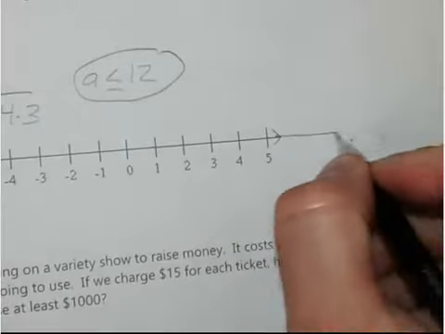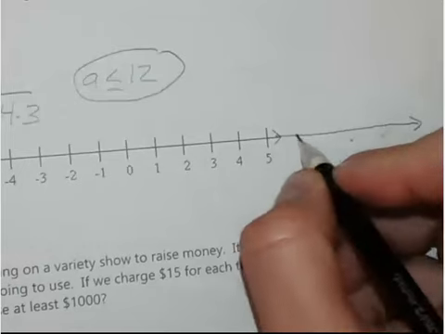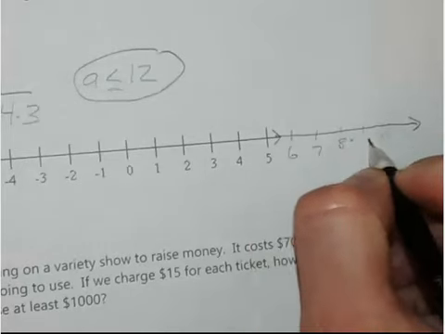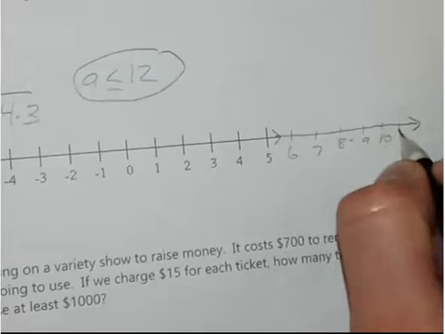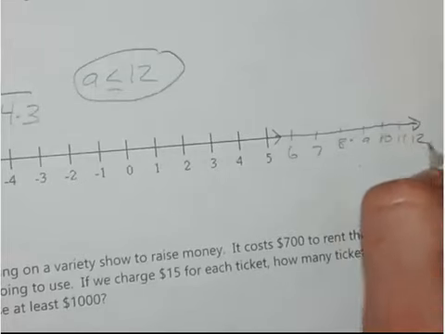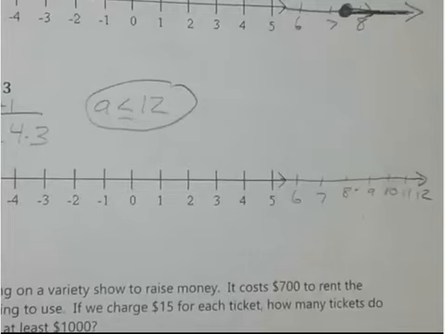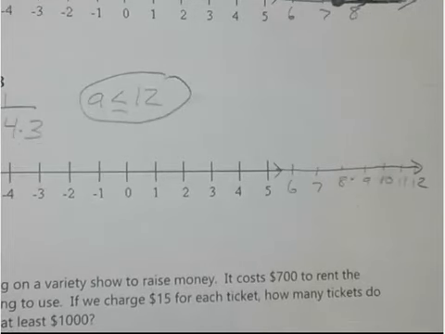I'm just going to extend my number line again here. 6, 7, 8, 9, 10, 11, running out of room here, 12. A is less than or equal to 12. So we're going to have either an open circle or a closed circle.